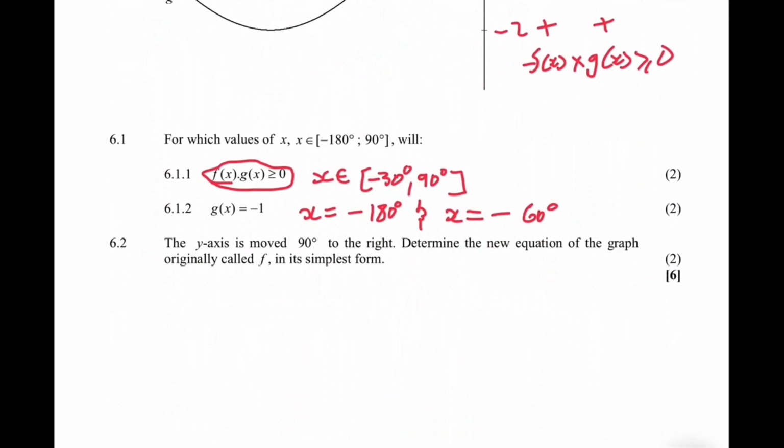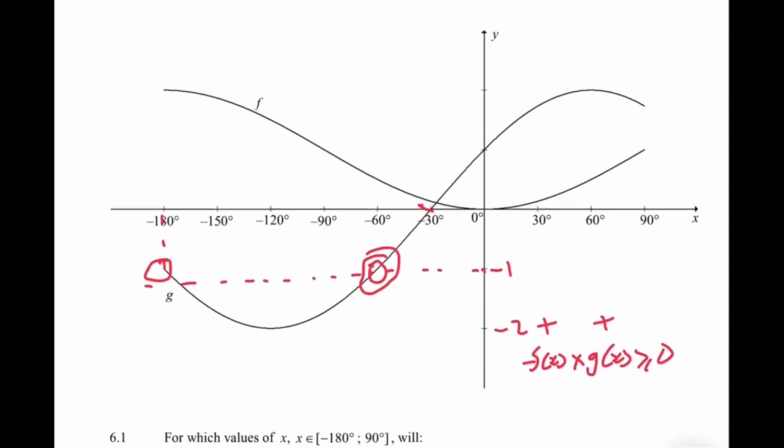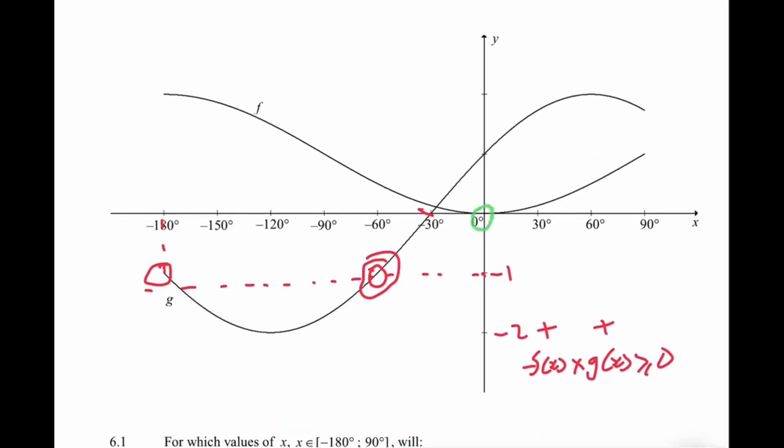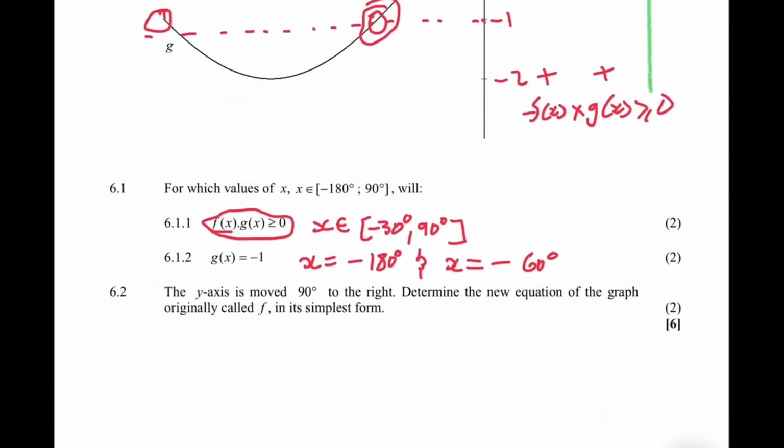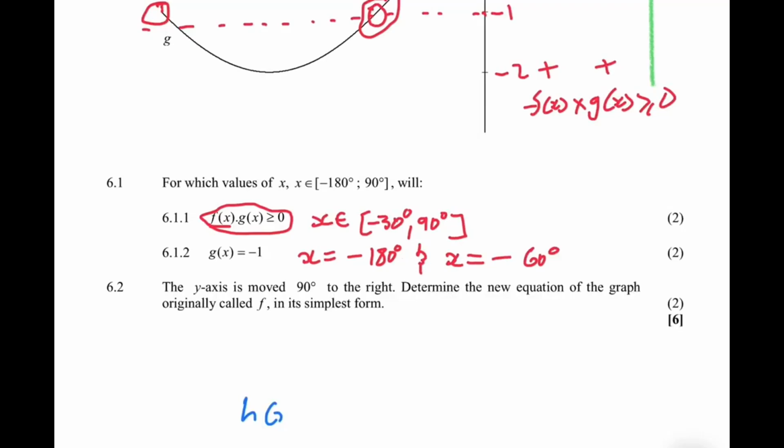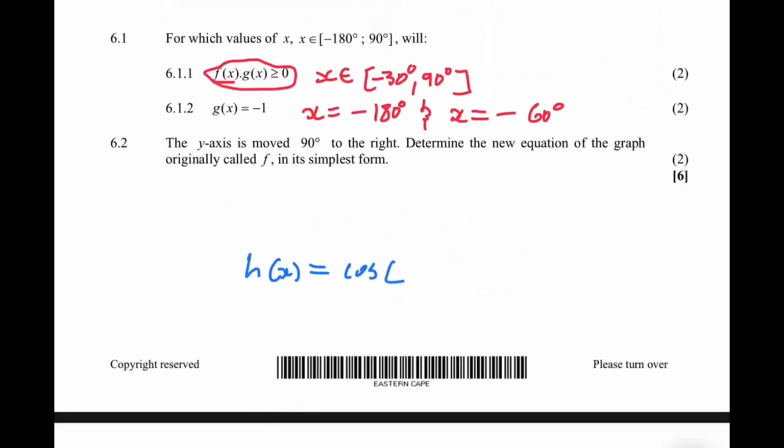6.2 says the y-axis is moved 90 degrees to the right. Determine the new equation of the graph originally called f in its simplest form. So our y-axis is moving from this point here to somewhere here. Moving the y-axis to the right simply means that we're moving the graph to the left. In a standard format, if you have h of x equals cos of x plus k, plus q: if q is positive, you move your graph up, and if q is negative, you move your graph down.